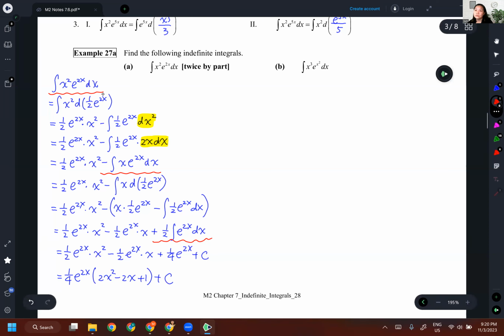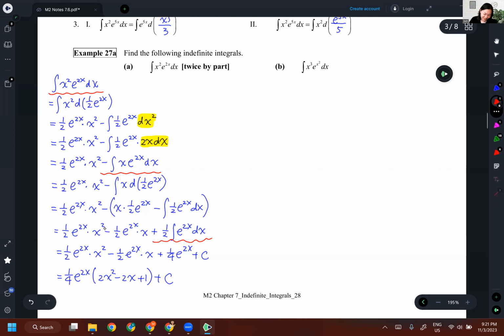Each time, this one is a quadratic times exponential, this one is a linear times exponential, and this one is just an exponential. So every time, the difficulty level is reduced significantly. Is that okay? In our curriculum, sometimes you will have to do this twice in order to find the integral.